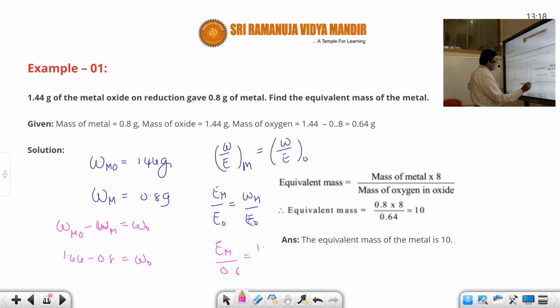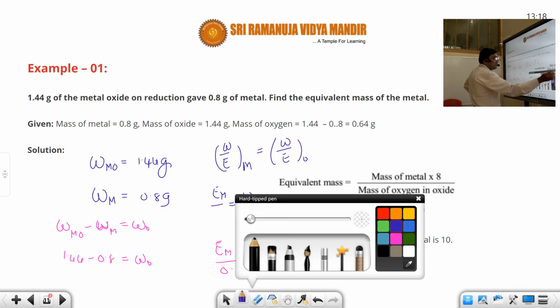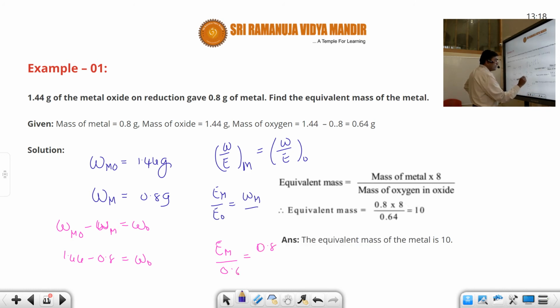How much, students? 0.8 by... so here this is weight of oxygen. We'll write like this. Equivalent weight of metal by equivalent weight of oxygen is equal to weight of metal by weight of oxygen.